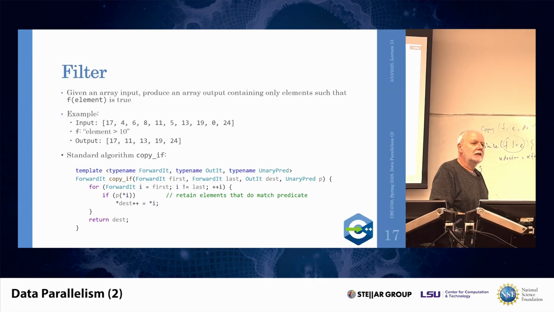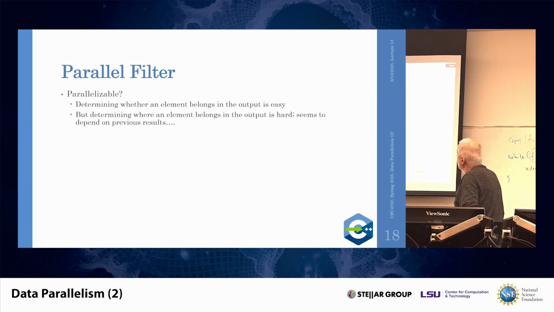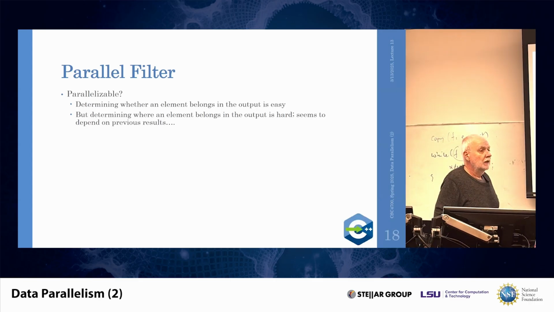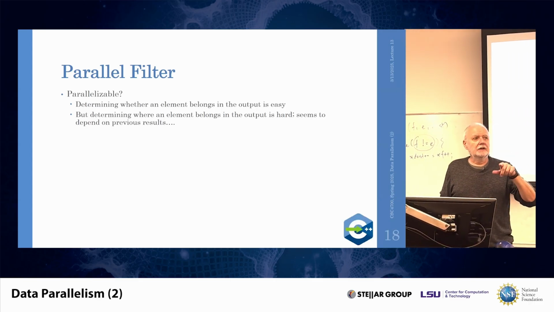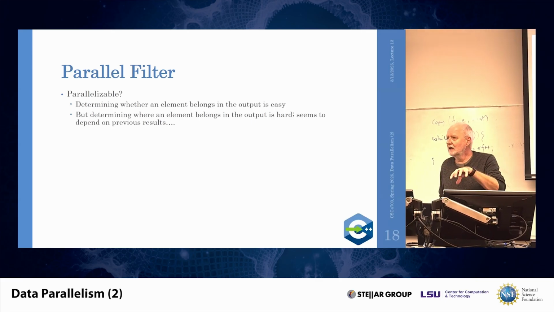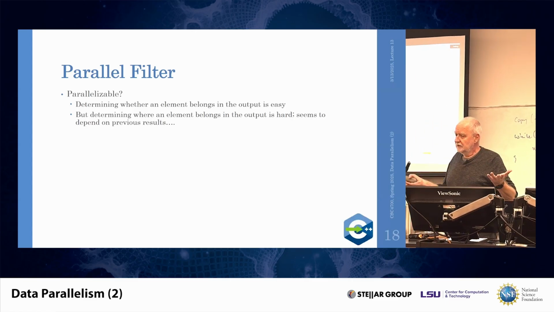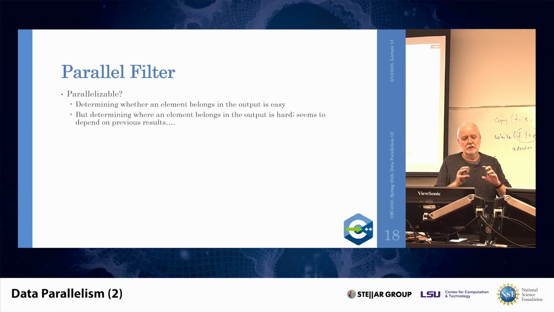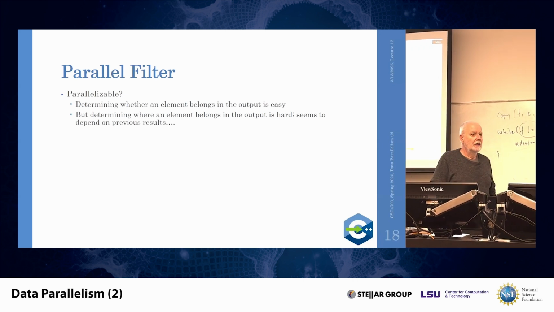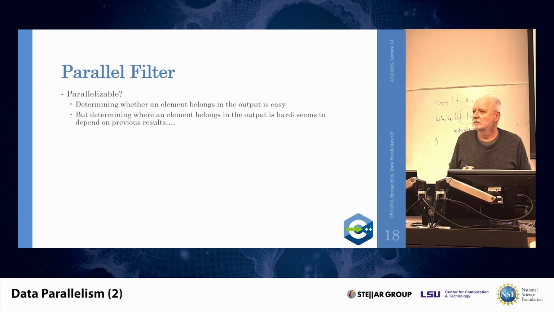Okay, so the question is, is copyIf parallelizable? We can invoke that function for each element, that's trivial. But where should that current element go in the output? What index should be used for a current element in the output? Remember, when we parallelize something, we take the input sequence, split it into pieces, and then apply the sequential version of that algorithm to the input pieces, to the chunks.